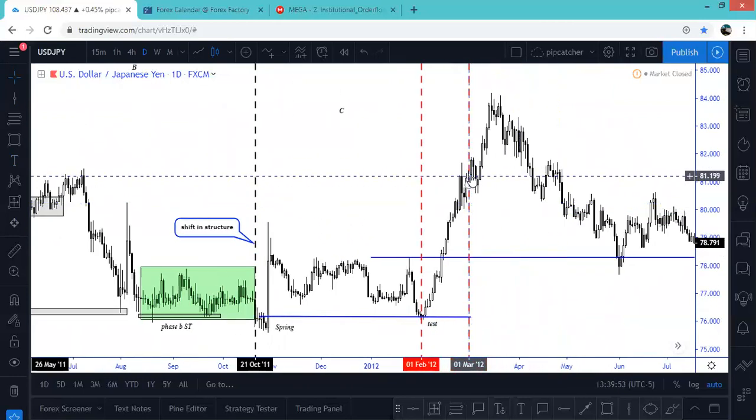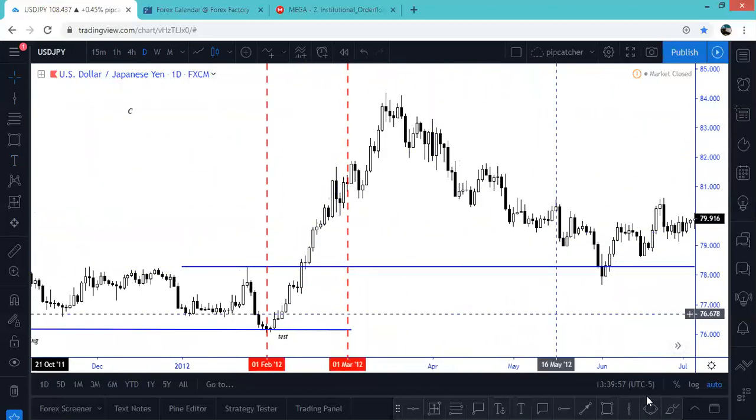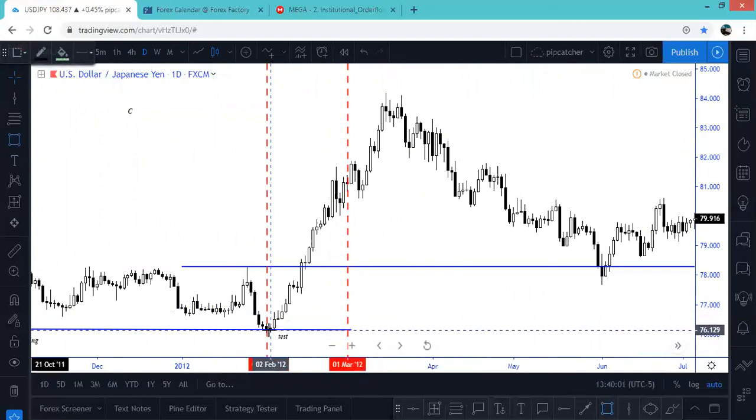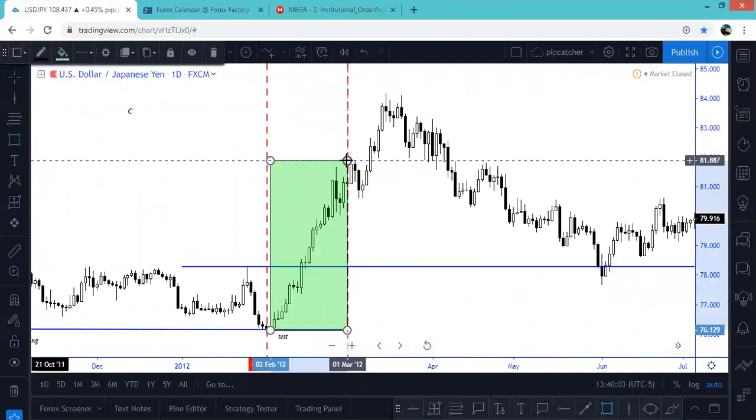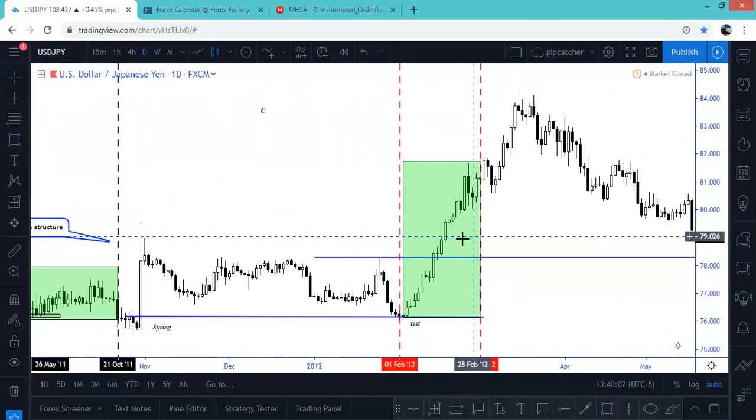And this is the end, this is the start of it. So this is where we saw this breakout, this area in particular right here. This area we saw this breakout to the upside on that monthly time frame.